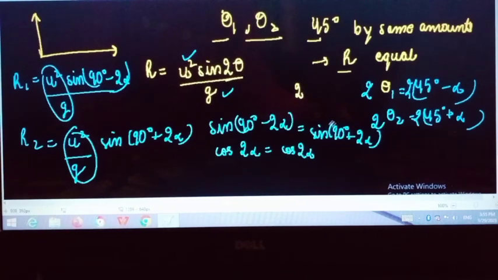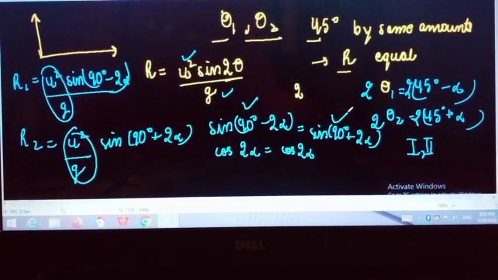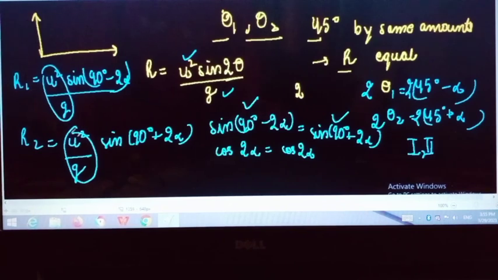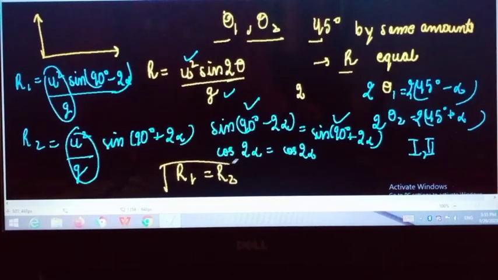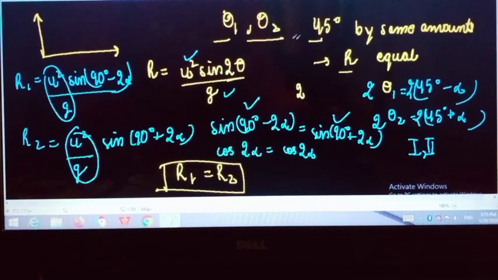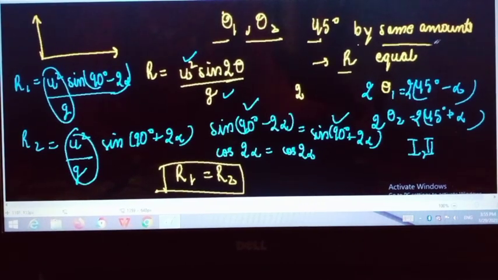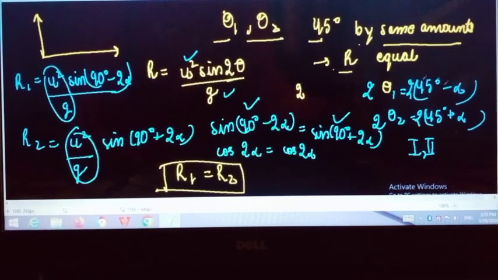Since the value of sine is the same in both the first and second quadrant, the value of this term and this term are equal. So we can infer from these equations that R1 is equal to R2, which Galileo described in one of his books: the pair of angles which differ from 45 degree by the same amount have their horizontal range as equal.